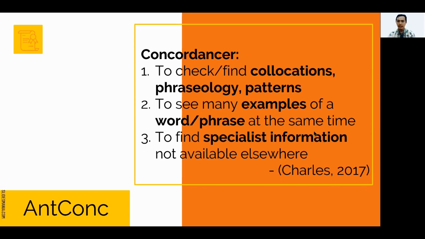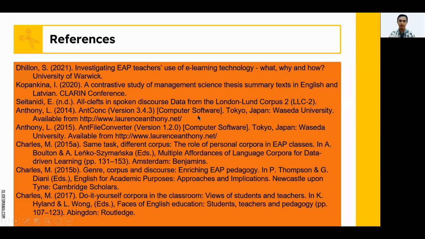And then to find information otherwise not available if you do not use such software to help you. So it's basically software which can make it easier for you to analyze your data.